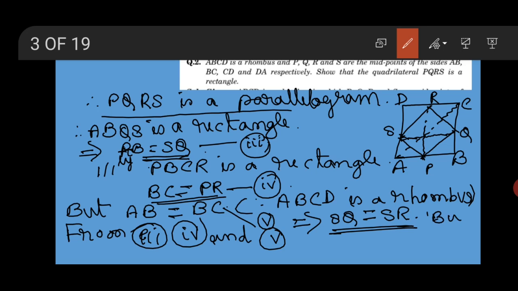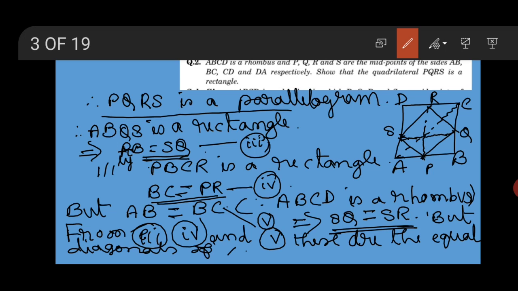Therefore, what are they? SQ and PR are the diagonals of PQRS, and these are equal diagonals of parallelogram PQRS.